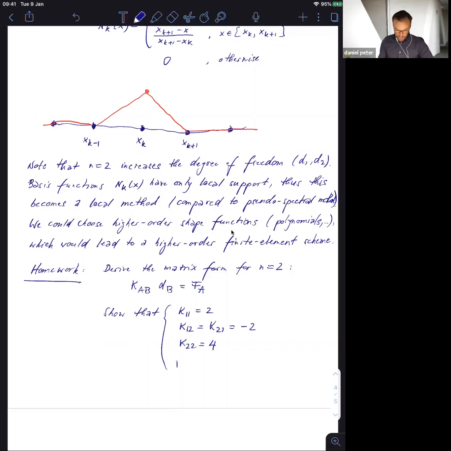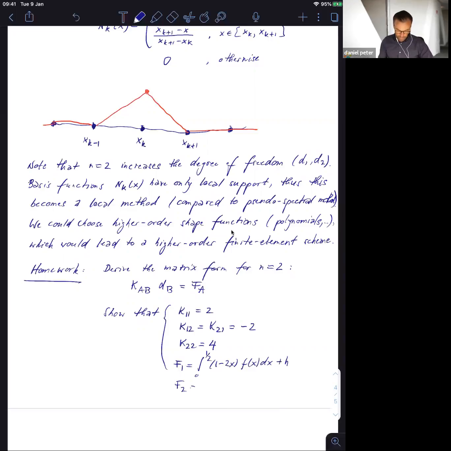And then we have the force vector F1. Here we have the integral from 0 to 1/2 of 1 minus 2x times f of x dx plus h.